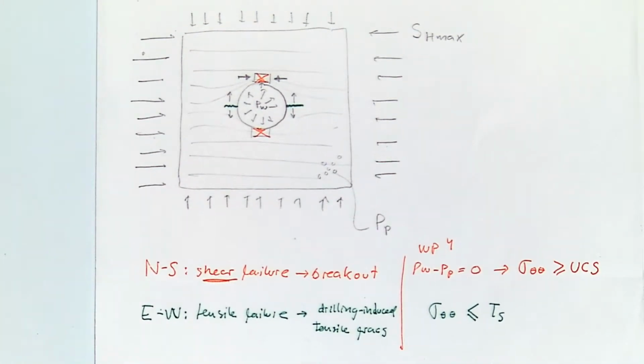And that's everything that you have to check for your project. Sigma theta theta, if it's equal or larger than UCS, then we'll say that there is shear failure. If it is less or equal than the tensile strength, that's going to be a tensile fracture.